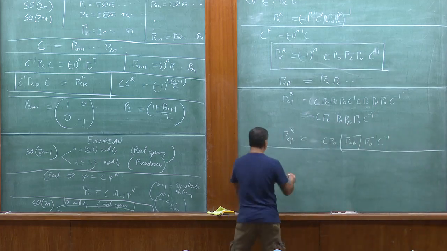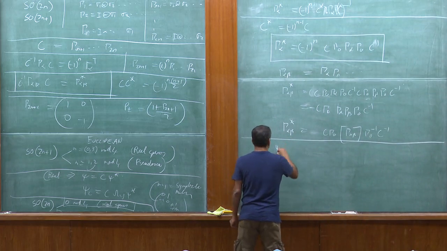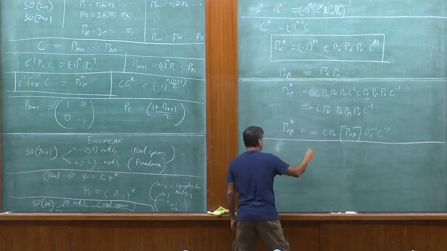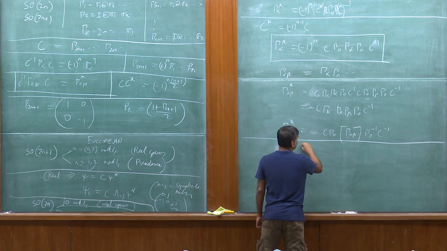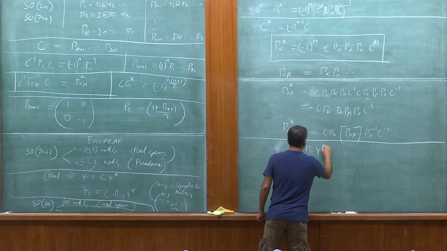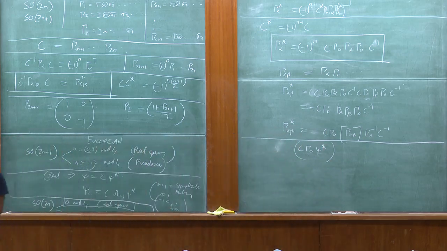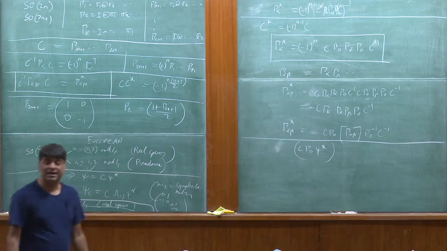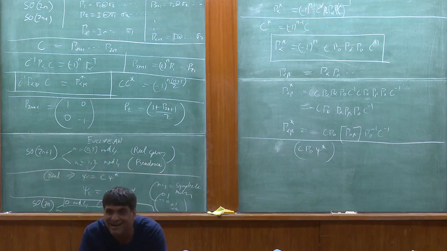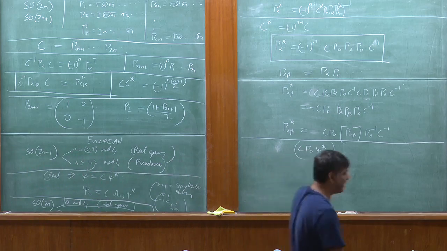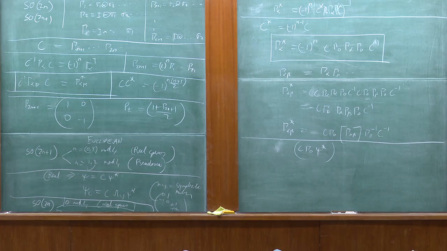The reality condition we will try to impose is to consider the quantity C gamma 0 psi star. We will eventually consider that. I just want to look at this quantity and see how it transforms. And then we will see that it transforms the same way as psi. Okay?